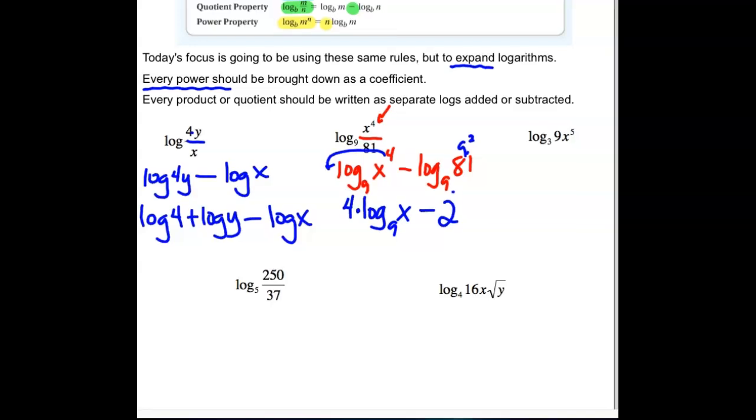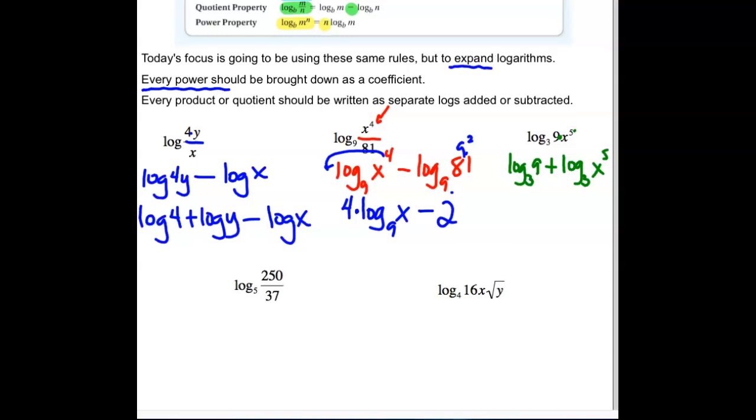Our third example, we have both a product, the 9 is getting multiplied to the variable piece, and we also have this power. But the power only applies to x, so I have to pull apart the 9 and the x before I can deal with the power. So I have log base 3 of 9, multiplication turns into addition, so plus log base 3 of x to the 5th.